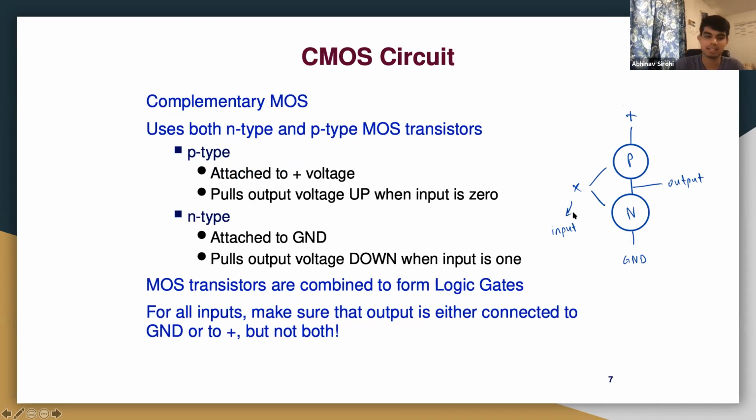So this is kind of like a NOT gate, and it returns the opposite of what your input is. It just negates it. For any input that can go in, positive or 0, or high voltage or low voltage, we need to make sure that the output is either connected to the ground or to positive voltage, but it can't be connected to both for any given input.